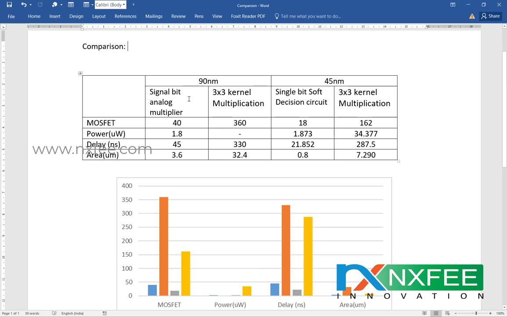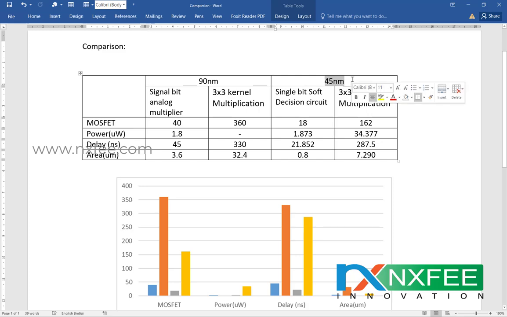Here we used a single-bit analog multiplier and 3 cross 3 kernel multiplication. The 90 nanometer design is taken from the base paper work, and the 45 nanometer is our proposed architecture. The existing single-bit analog multiplier occupies 40 transistors, and 360 transistors in a 3 cross 3 kernel multiplication.